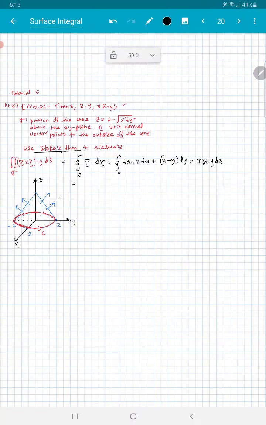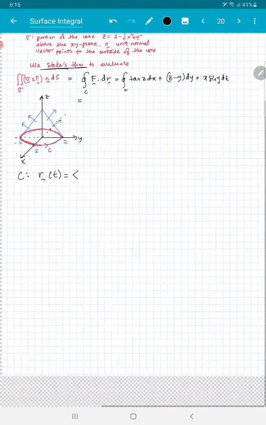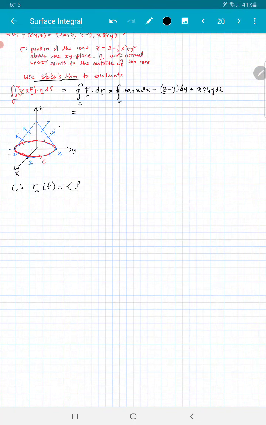We need the equation for our curve, which is going to be a vector valued function, because we need to change everything in terms of t. So for our curve, we should have the x component, the y component, and also the z component.